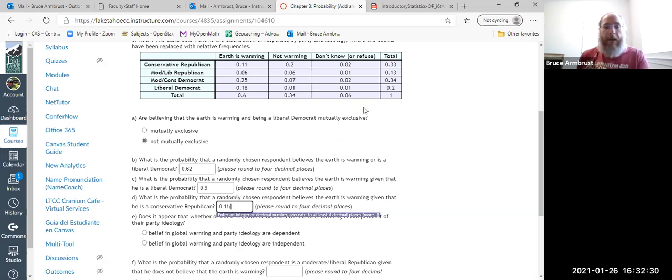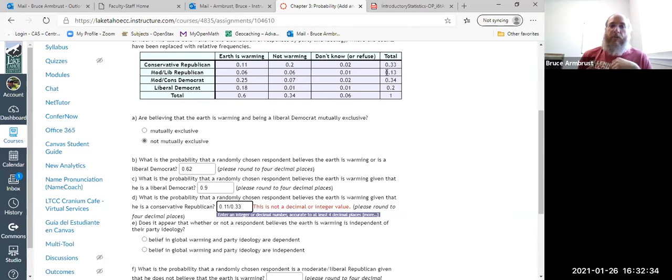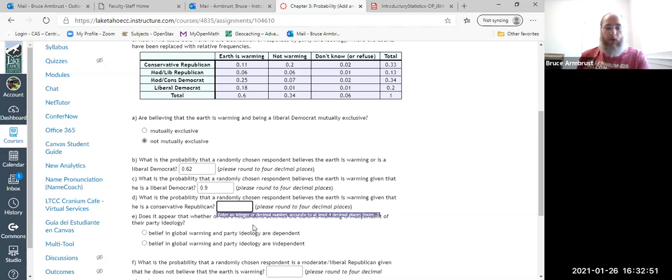Out of how many total are there? Well, the total number of conservative Republicans is 0.33. So I'm going to take 0.11 and divide by 0.33. All right. So this asks us to do this to how many decimal places? 4 decimal places. All right. So that's going to be 0.3333.